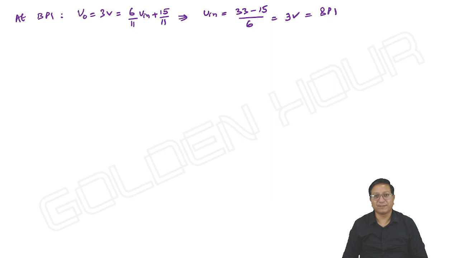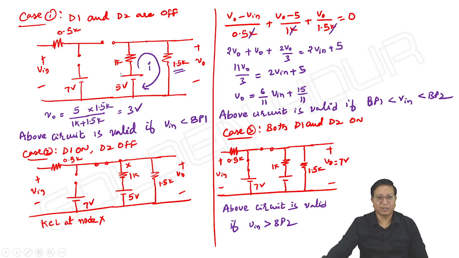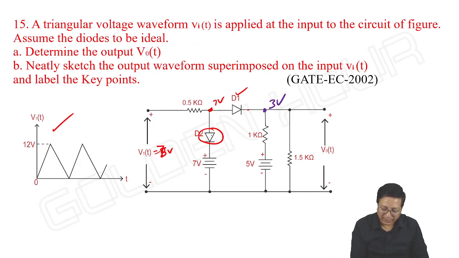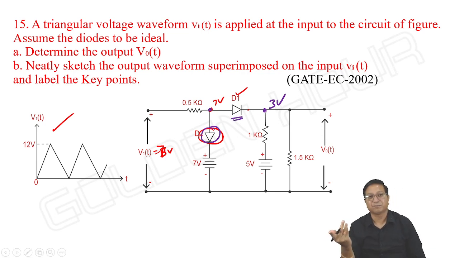If input is less than 3 volts, then both D1 and D2 are off. So case 1, circuit 1, is possible if input is less than 3 volts. Why is it so? You can observe this. Here output is 3 volts. D1, D2 are off, and for D1 to conduct, the voltage here should be more than 3.